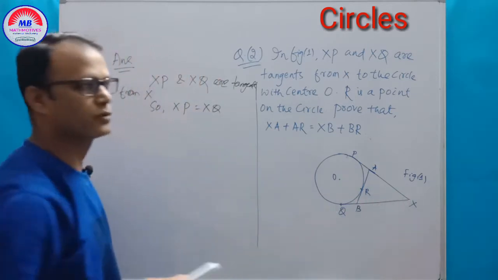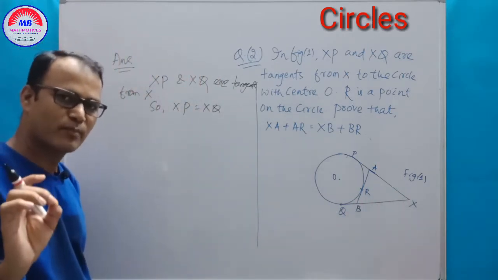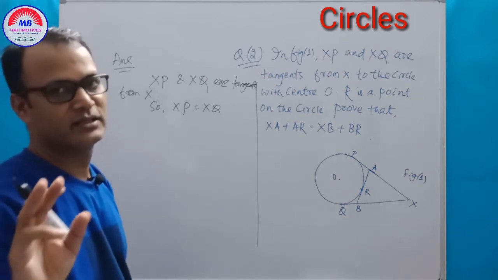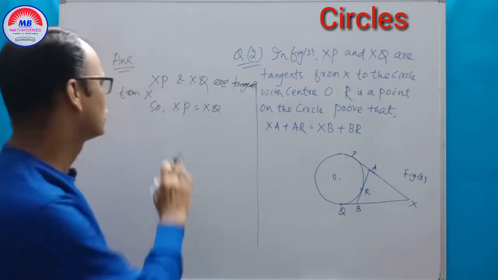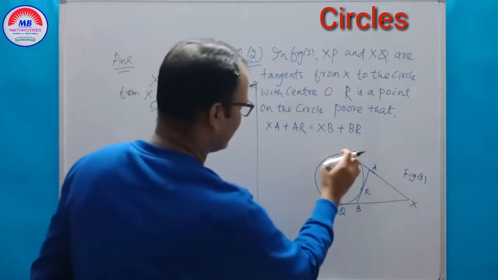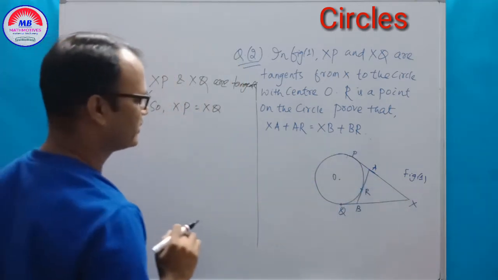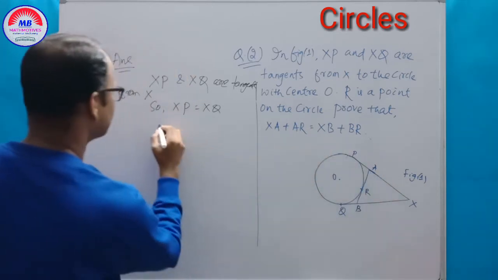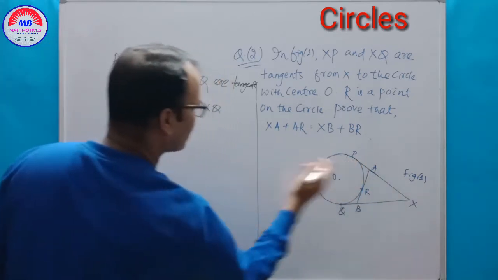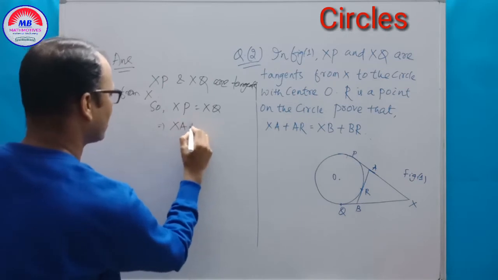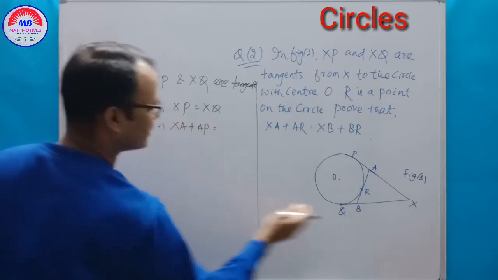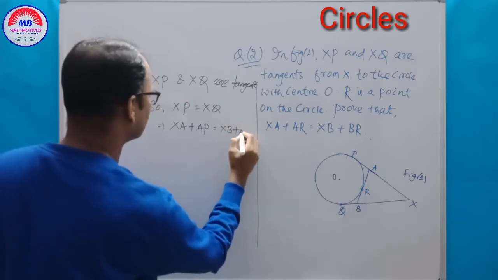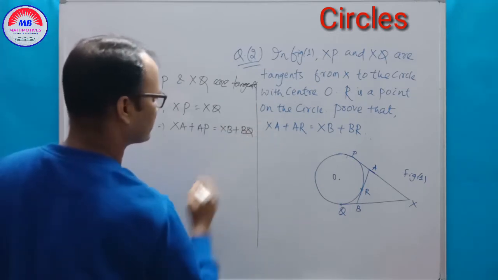XP equal to XQ. You know that from an external point or the outside point of a circle, if you draw tangents, then the two tangents are equal. So XP equal to XQ. Now you see XP is XA plus AP, which is equal to XQ, that is XB plus BQ.